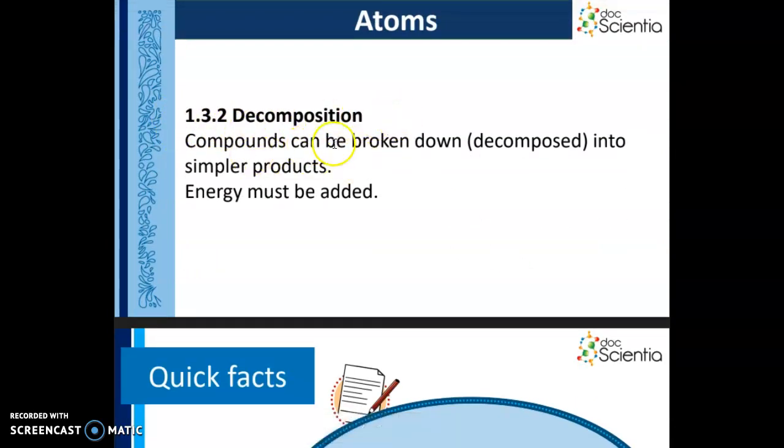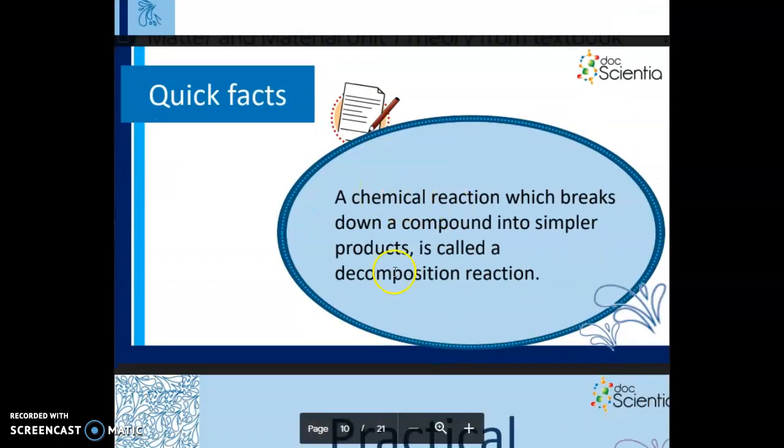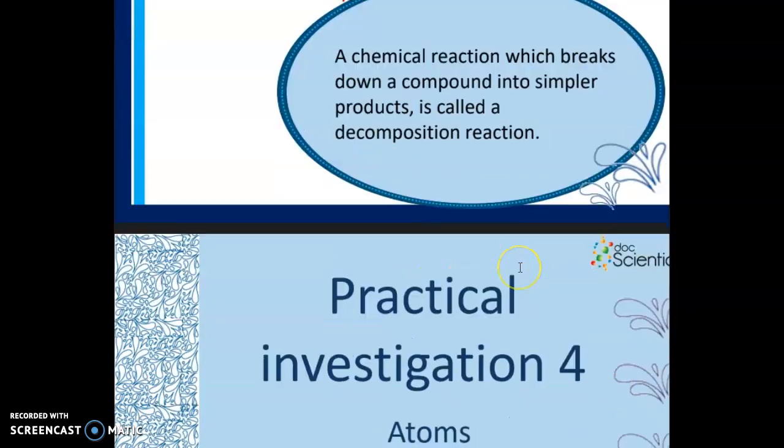Decomposition. Compounds can be broken down or decomposed into simpler products, but energy must be added. Quick facts. A chemical reaction which breaks down a compound into simpler products is called a decomposition reaction.